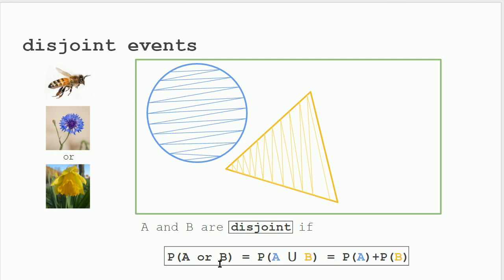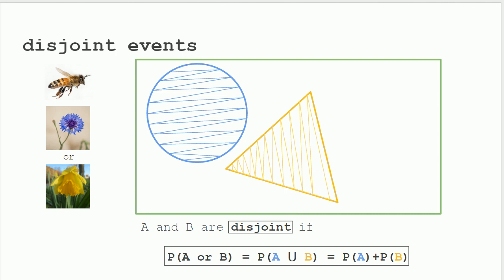And mathematically, what this turns out to mean is the probability of A union B, so the union of these two events, is equal to the addition of these individual events occurring separately within the sample space. Okay, so just adding these two areas together is enough to produce the probability of the union of these two events.